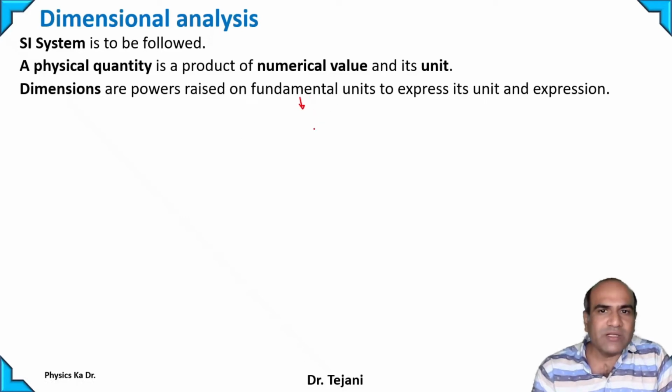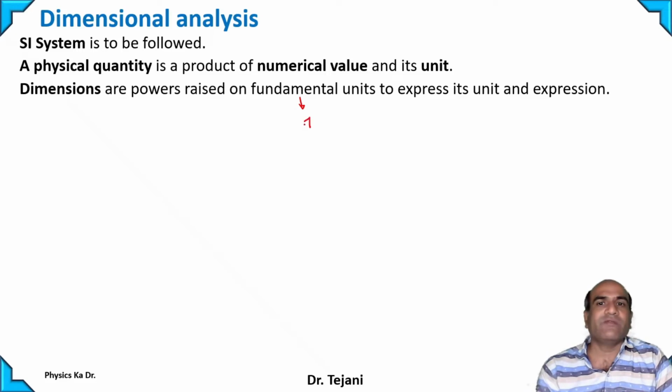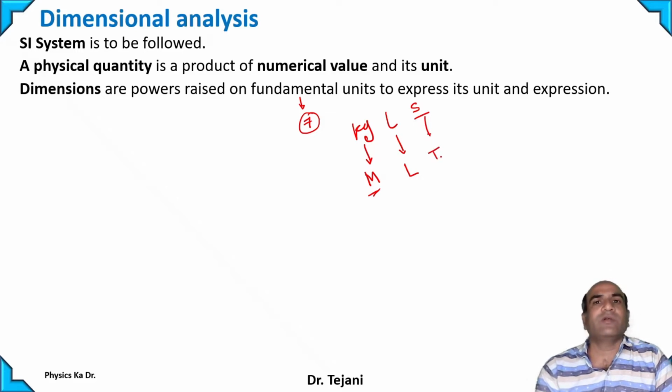So fundamental units, we have 7 different fundamental units, basic units, like to measure mass, that is in kilogram, so we have it in terms of M. If you want to measure length, we can write L similarly. If you want to measure time, we have second, that is in terms of T for time, right?